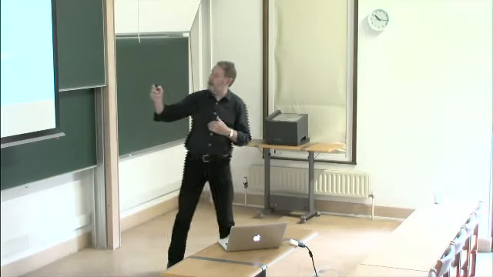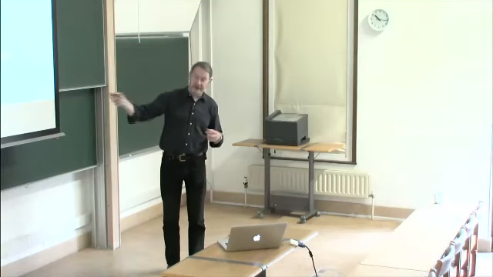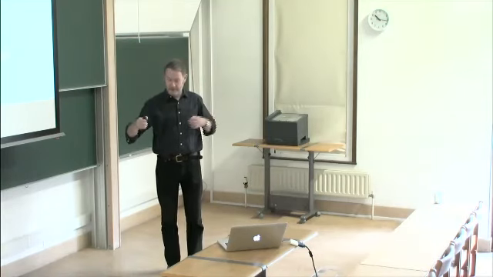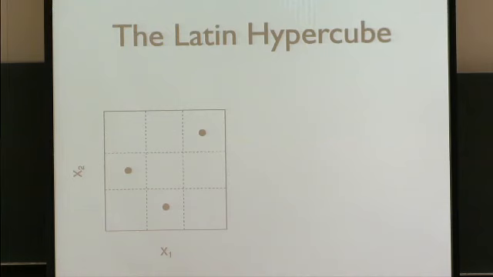So we've got n runs, so we split the input range into n intervals, and we allocate a point to each of those intervals, and then we shuffle them together across the dimensions. Okay, so there's the Latin hypercube in 2 dimensions with 3 points. So on each margin, each interval is covered, and I only have 3 points covering the whole space.